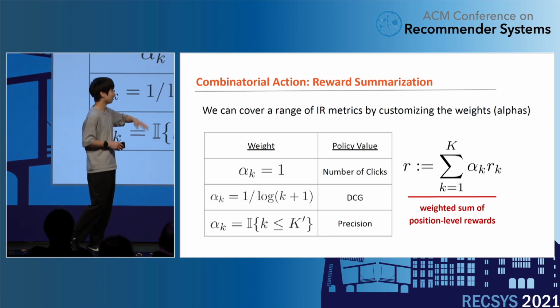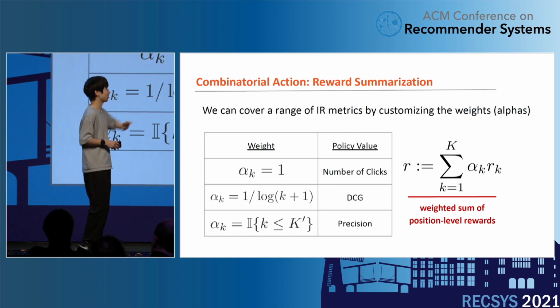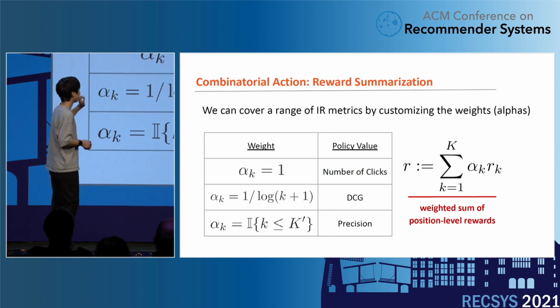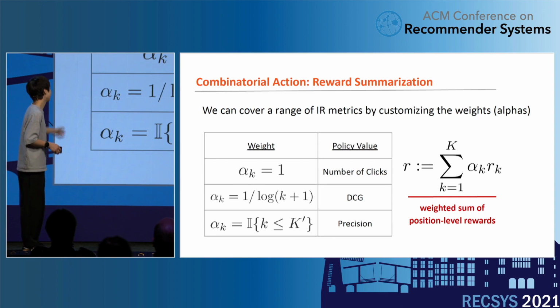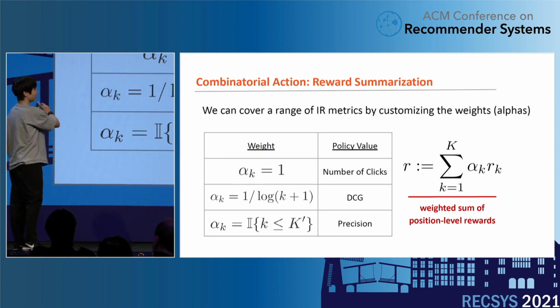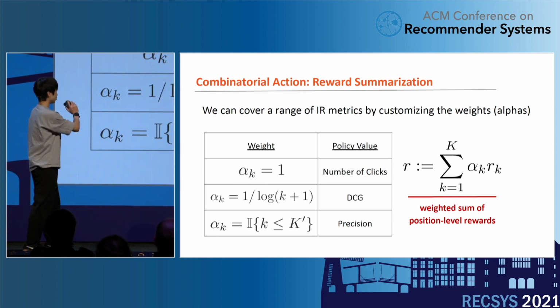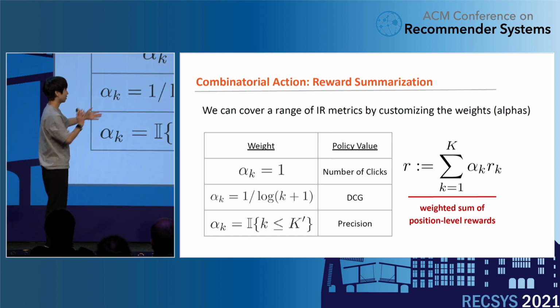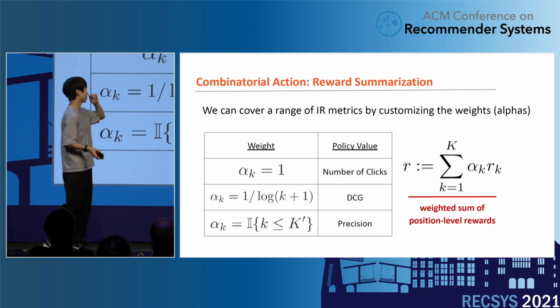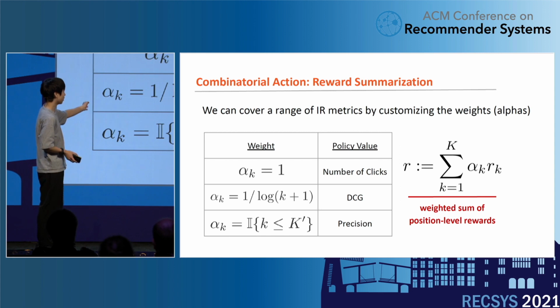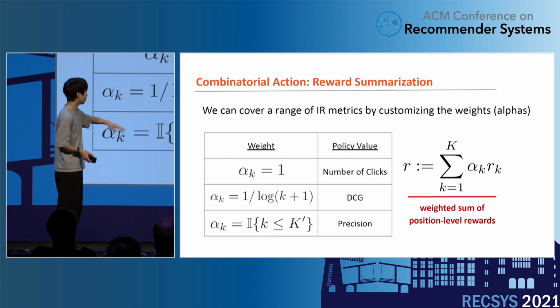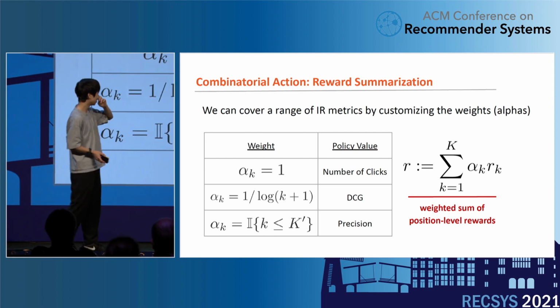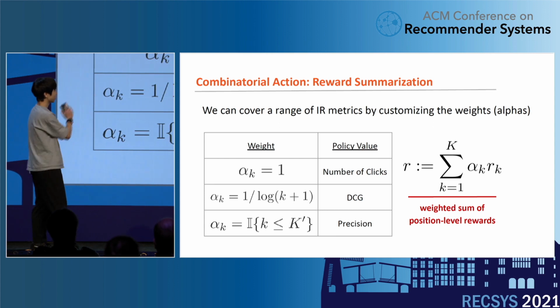This is just the importance of each different position. There are some typical choices for alpha. Of course, we can set a uniform weight, and then the summarized reward is the number of clicks in the K different reward observations. That's it. We can also define the discounted cumulative gain or precision measures by just customizing the weight, right?